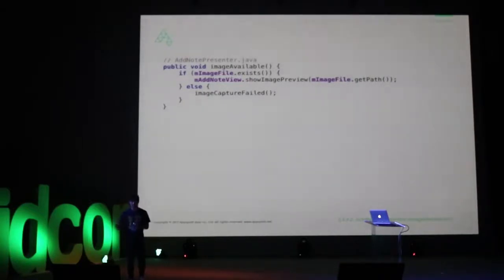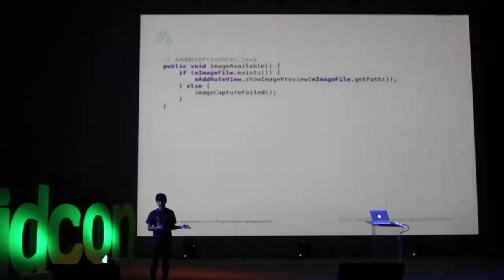Well, remember, because our dependency, our image file, is just a mocked object, it's not going to do anything useful. When you call some method on it, it's going to return the default value.